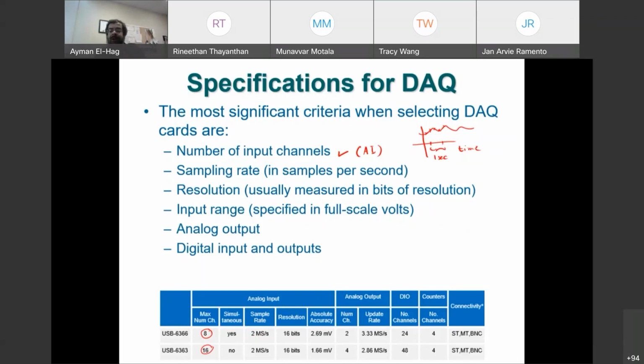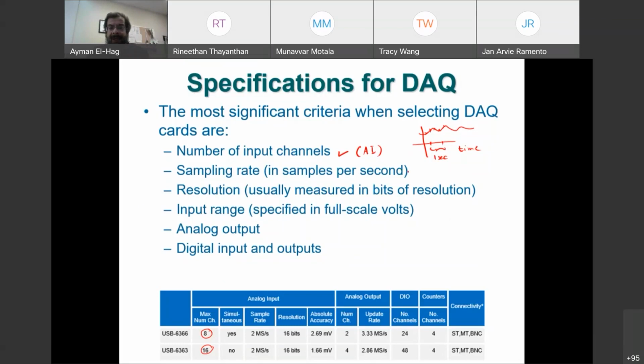It depends on the nature of your signal. In our application, most of the time, the change with respect to time is pretty slow. We don't have something that changes in nanoseconds. Then I don't need such a high sampling rate. Maybe I need 1 kilohertz, meaning 1,000 samples every second. That will be more than enough for me.